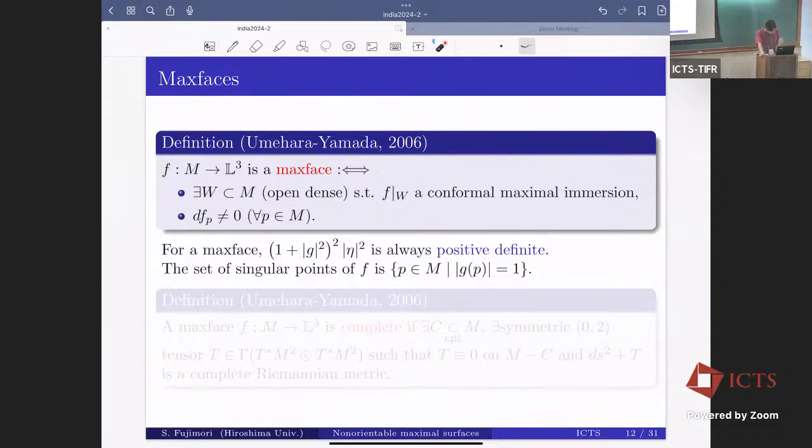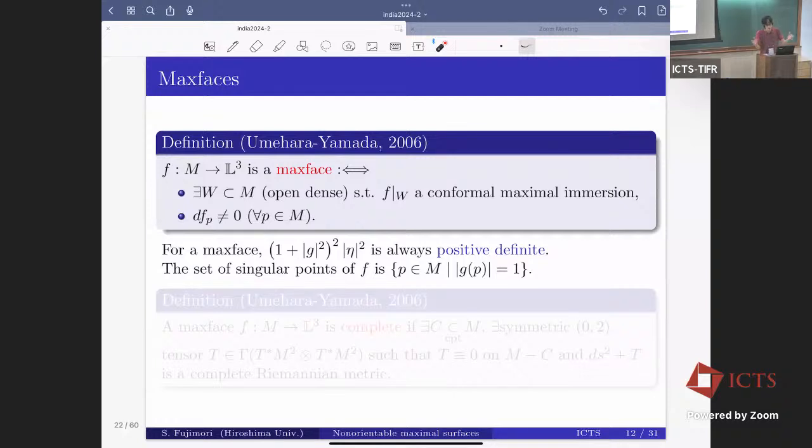This was also mentioned before yesterday: F is called a max face if there exists an open dense subset W such that the restriction to W is a conformal maximal immersion, and the differential of F is non-zero.